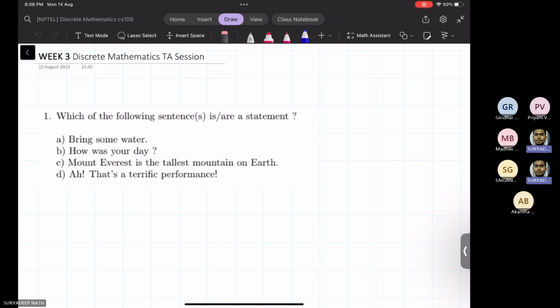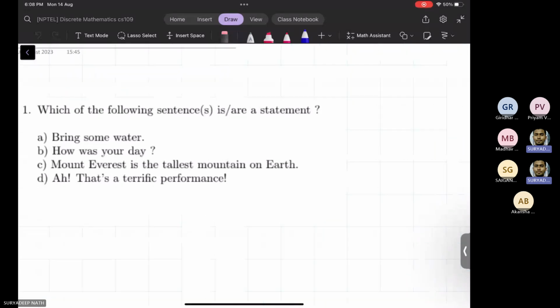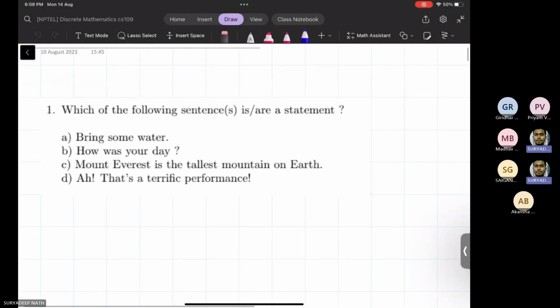Coming to question one. Which of the following sentences is or are a statement? You have four options. First is, bring some water. This is an order, an imperative sentence. Second one is, how was your day?